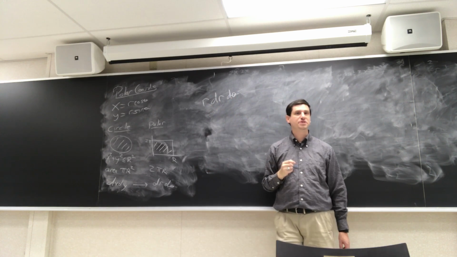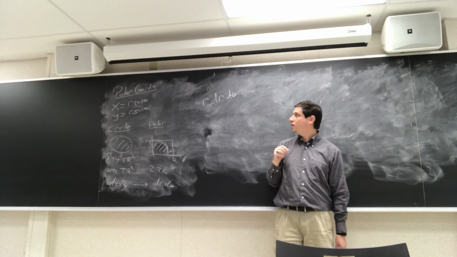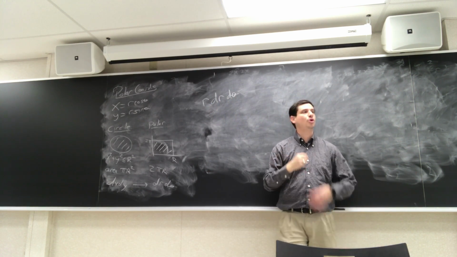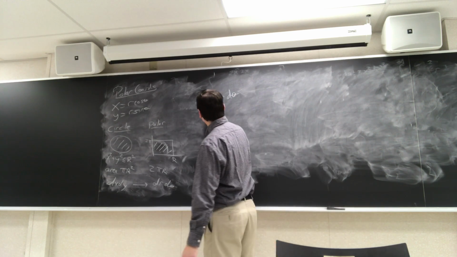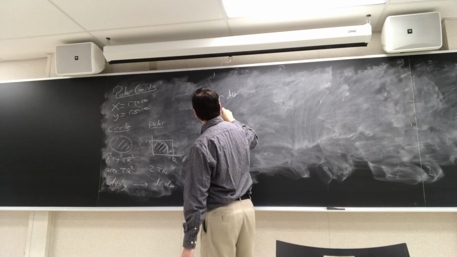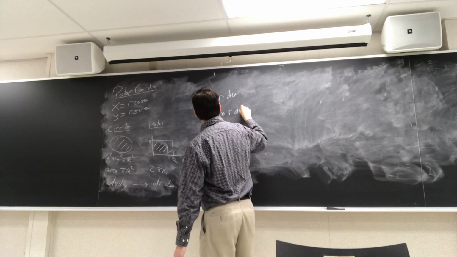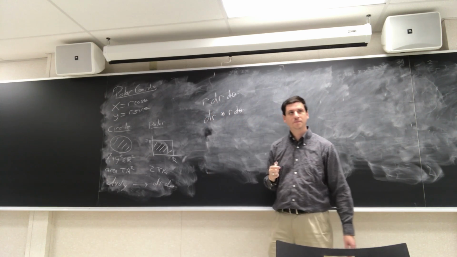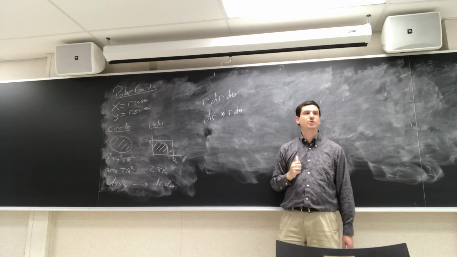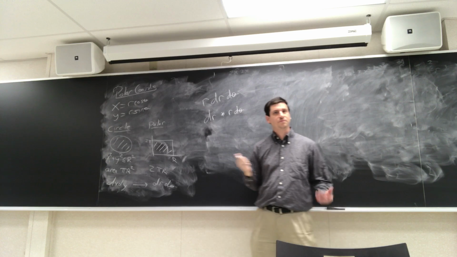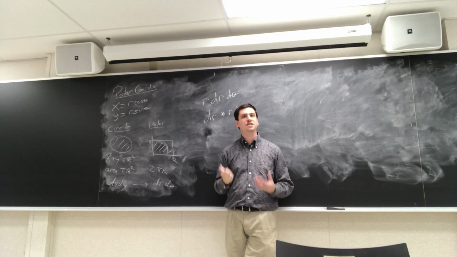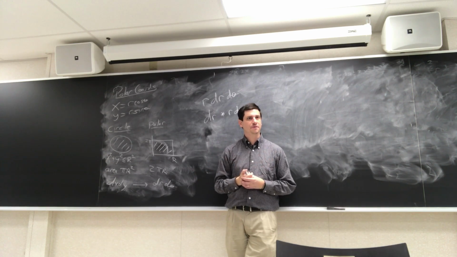And this has units of meters squared. But we should not view it as r dr d theta, although we will always write it that way. We should view it as dr times r d theta. And the reason is r d theta now is a length. And so when I write it this way, I can see it's a length times a length. That's going to be an area.